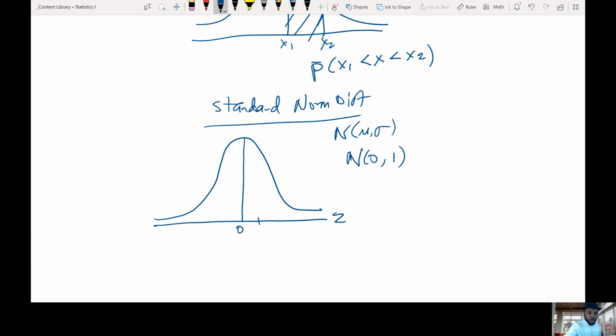So we could have 1, 2, 3, -1, -2, -3, and so on. Values above the mean have positive z values, and values below the mean have negative z values. So this will be 1, 2, 3, and this will be -1, -2, and -3.